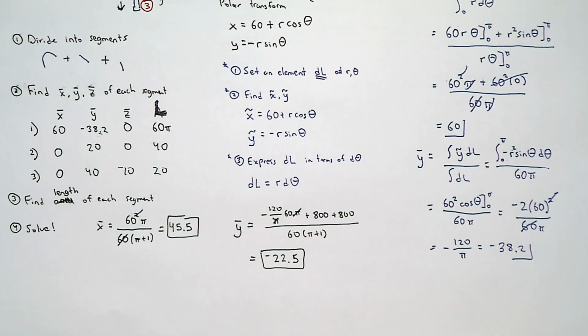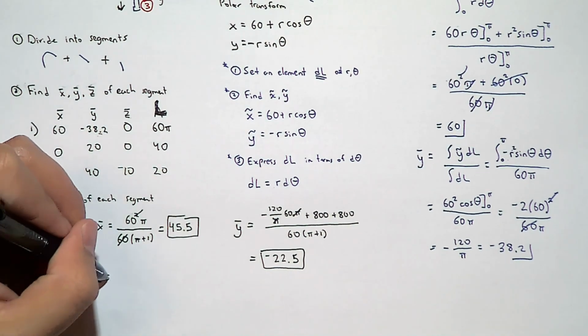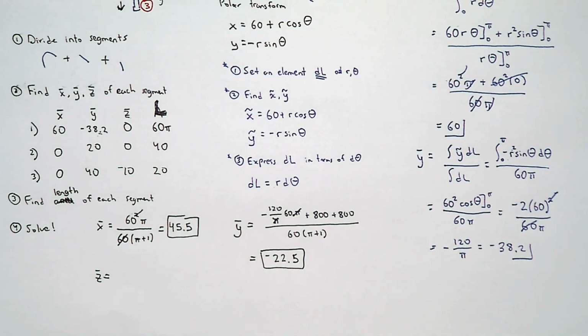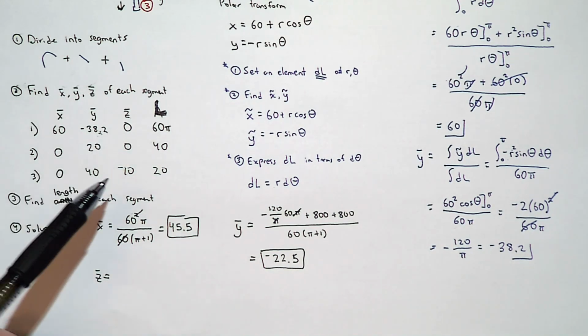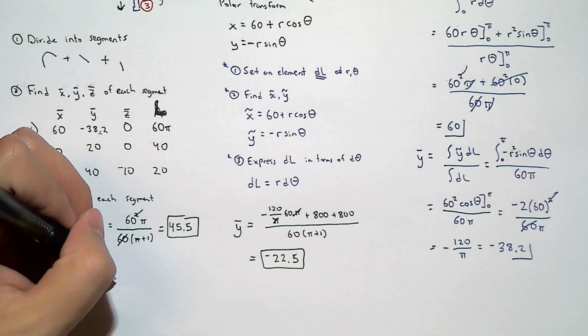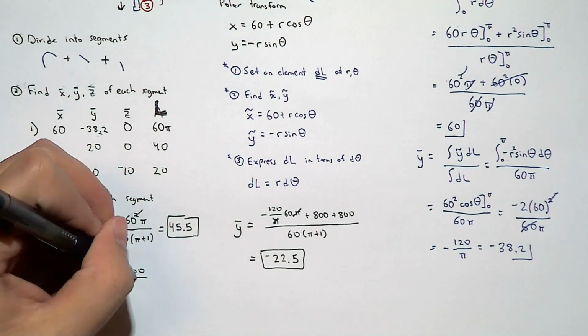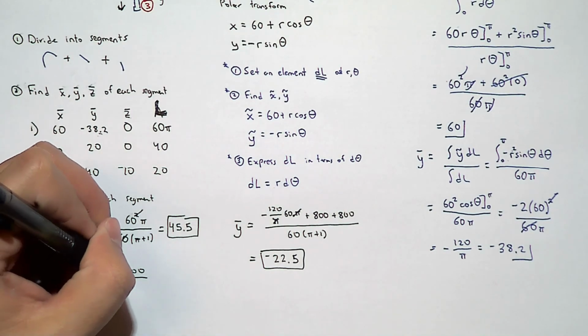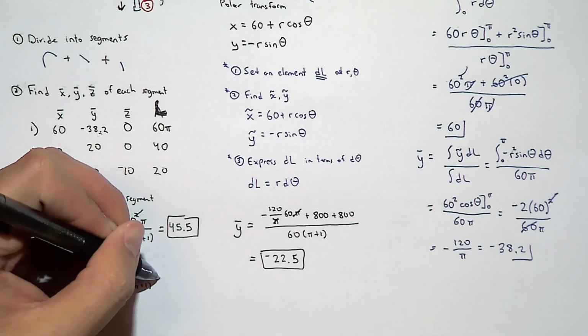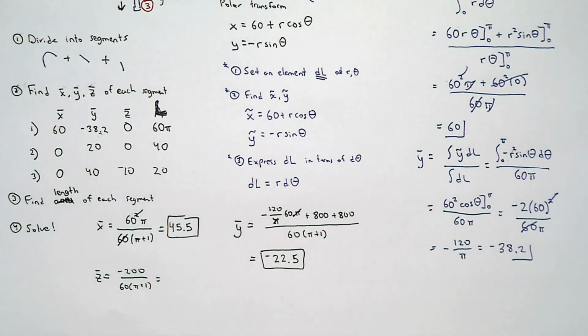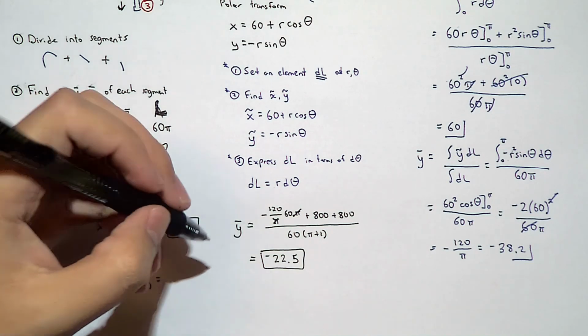And finally, our z coordinate of the centroid is the sum of each centroid times its length, so 0, 0, 10. So negative 10 plus 20, that's negative 200, divided by the length of 60 times pi plus 1. Negative 0.8.